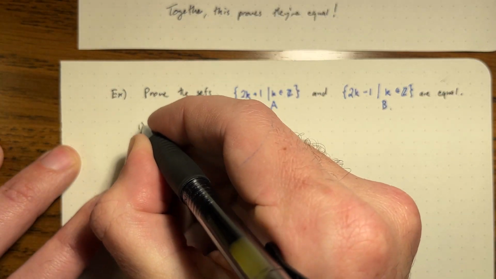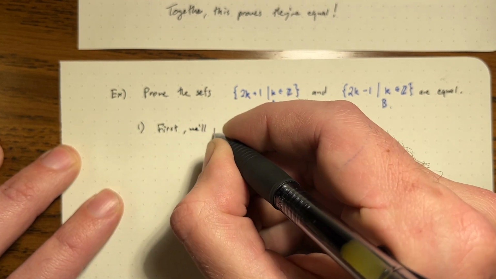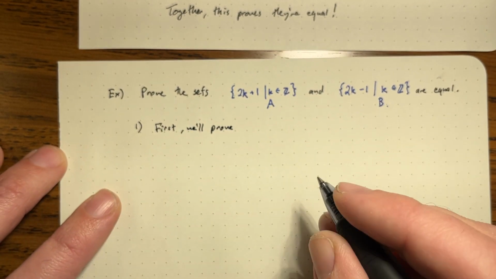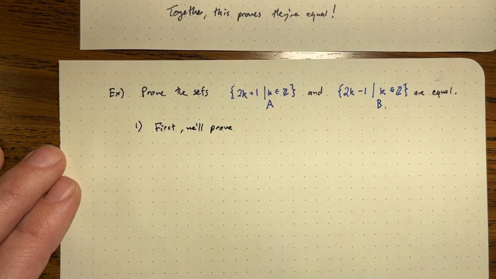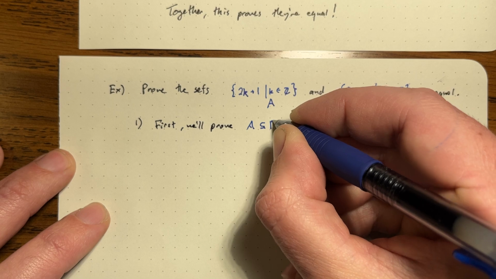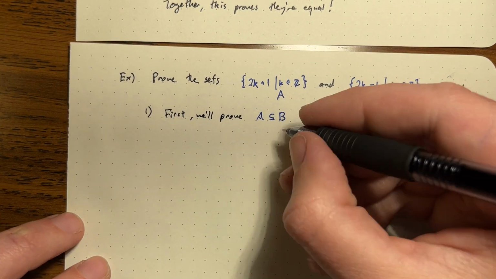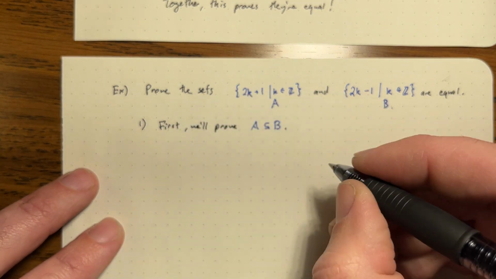Okay, so step one first, we'll prove, again, this is going to make it way easier to think through the argument. We're going to prove that A is a subset of B. Might be equal, but we're definitely going to prove that everything in A is an element of B. So here's how I start.